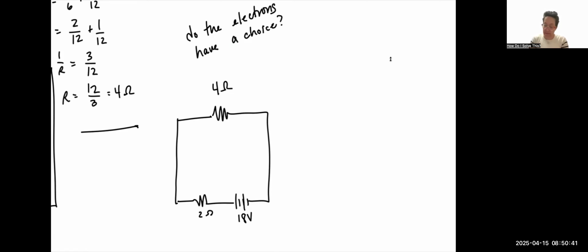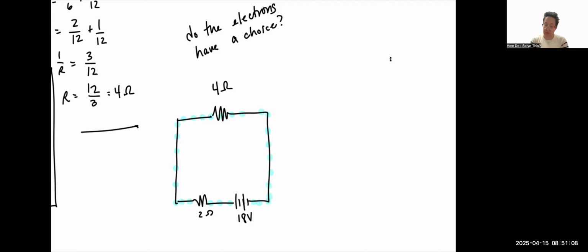So let's think here about our electrons coming out of the battery. Boop, boop, boop. All of them have to go to the 2 ohm resistor. They all have to turn this corner and that corner, and then they all have to go through the 4 ohm resistor before they all come back.